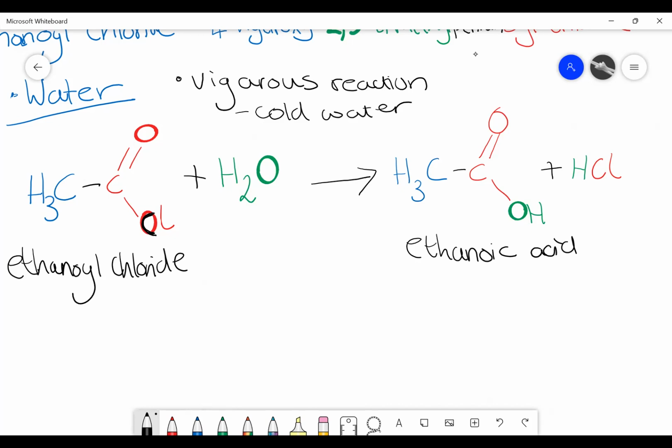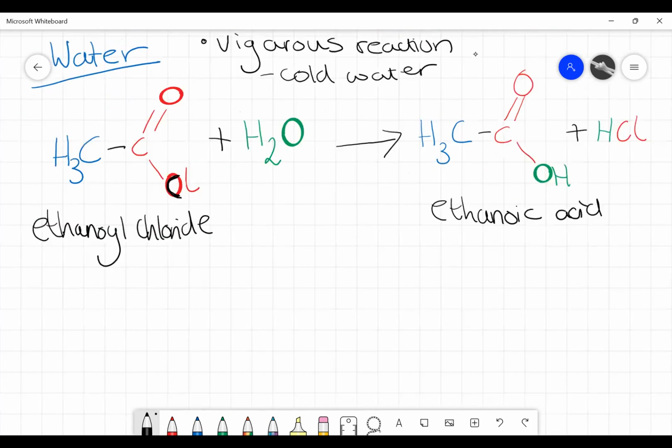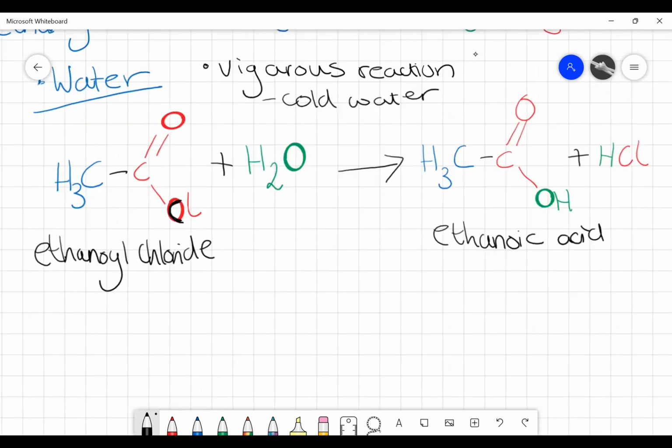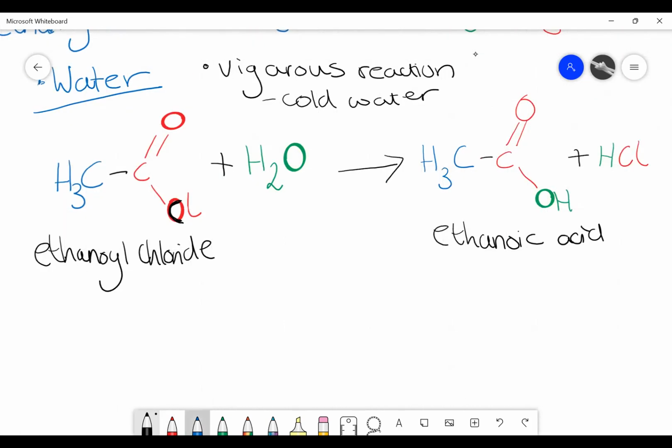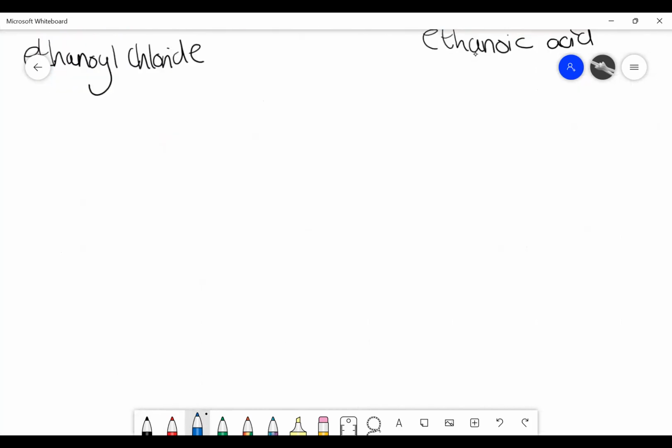So acyl chlorides, they react with water really vigorously when it's cold water, and they produce a carboxylic acid. So in this instance, it was ethanoic acid. Not only do they react with water, they also react with alcohols.